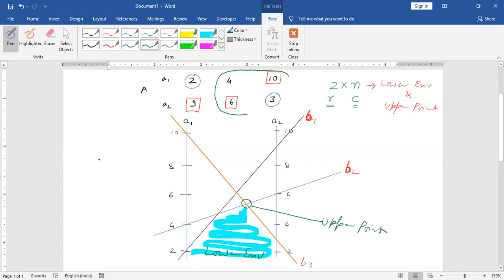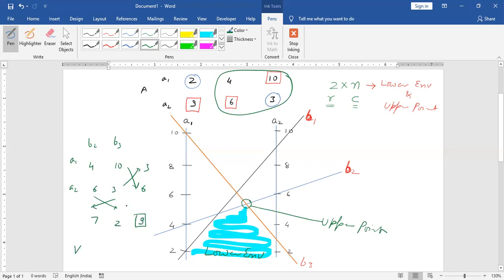So my matrix is A1, A2, B2, B3: 4, 10, 6, 3. Difference is 6. Difference is 3. Difference is 7. Difference is 2. Total of differences is 9.